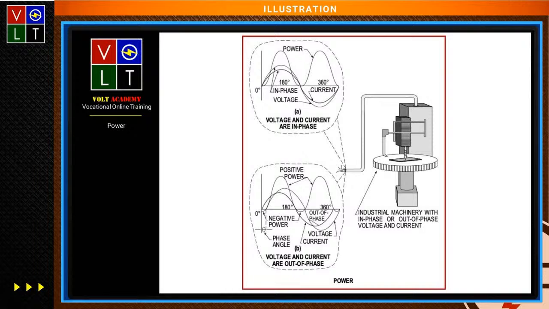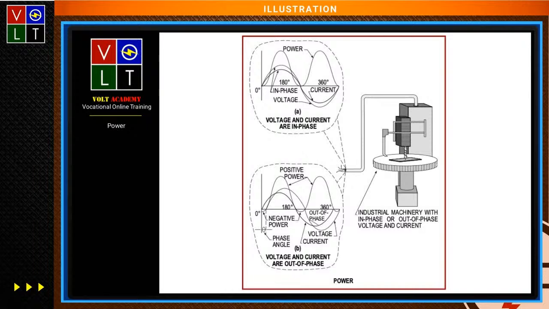So the cosine of the phase angle can be used to determine the power of an AC circuit when the voltage and current are out of phase, and such angle gives the power factor of the circuit.